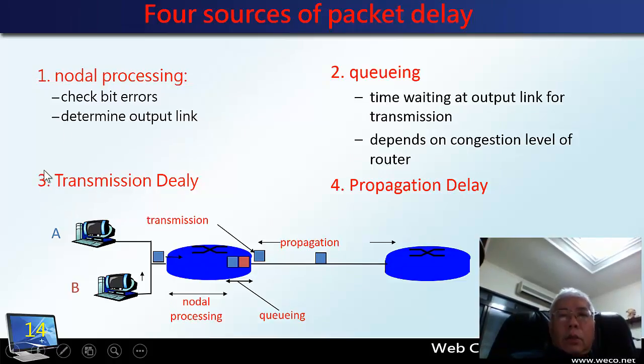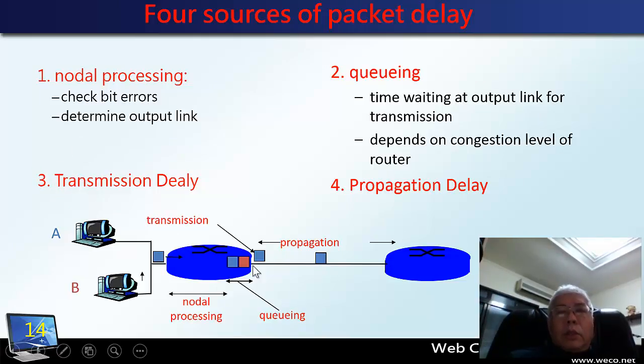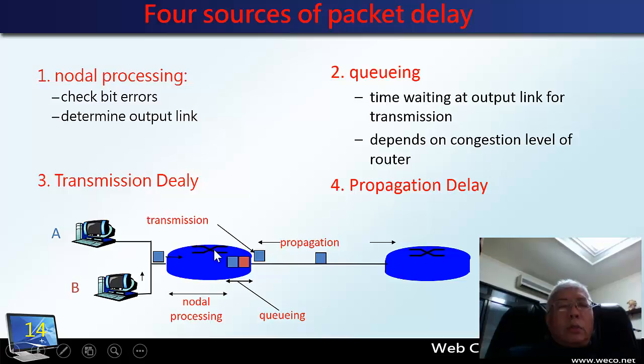And the third source of delay is the transmission delay. Transmission also depends on capability. If the CPU of the router is really capable, then it can transmit the data out quite fast. That's transmission delay. Otherwise it will be slow. Finally, the propagation delay. That depends on the length of the distance between these two routers.